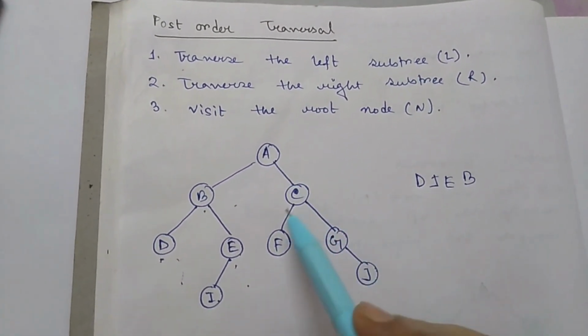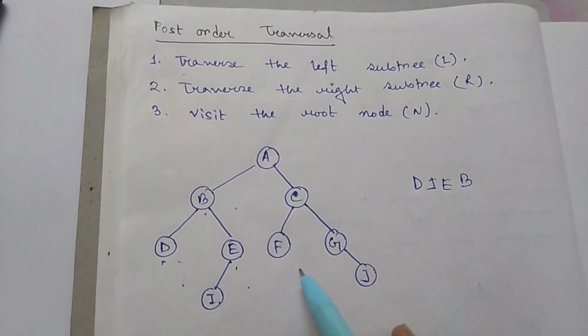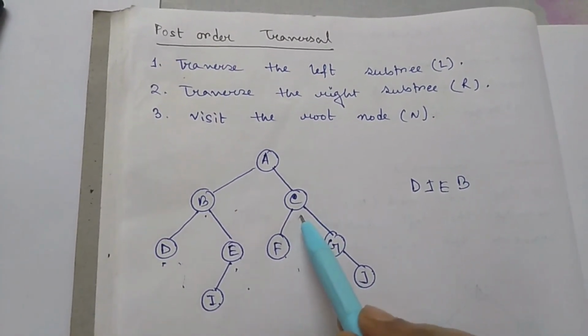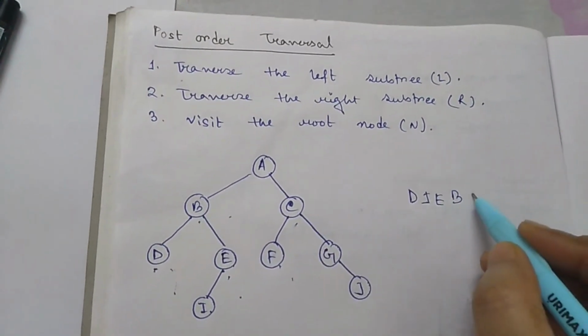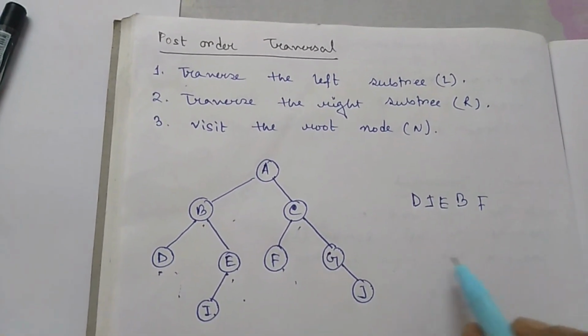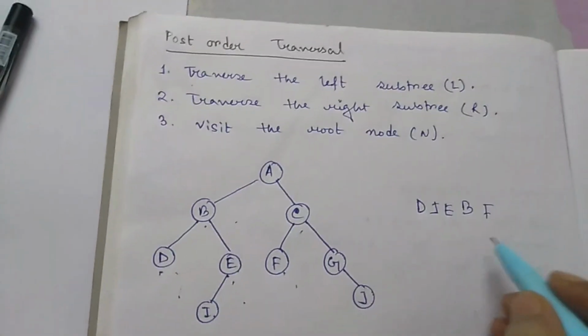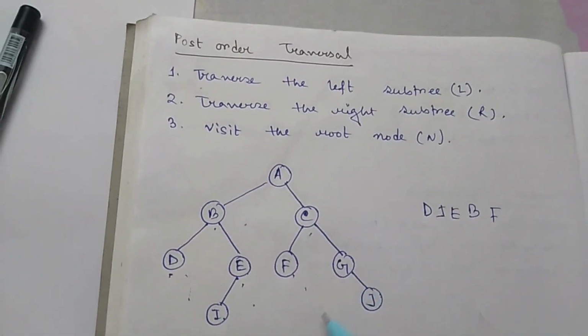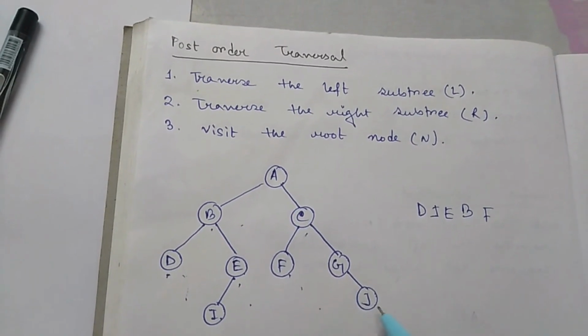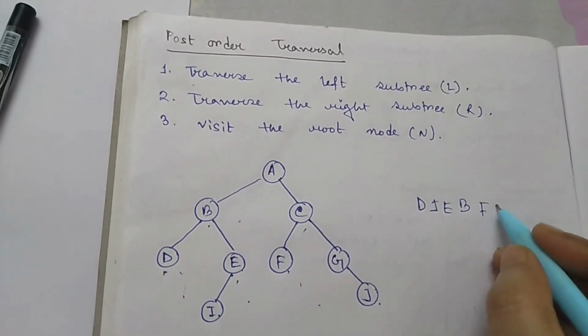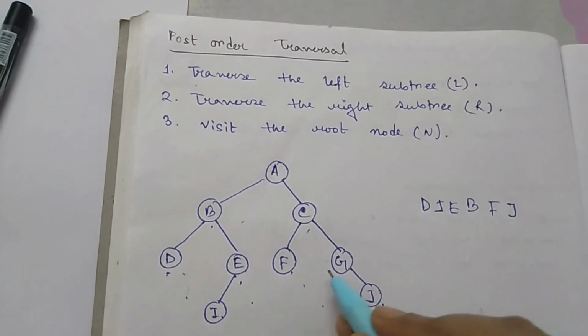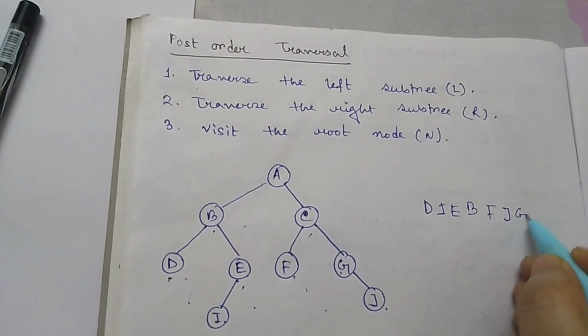Okay, so when we consider the right subtree, what is the left subtree value of that right subtree? That is f. Then what is the value of the right subtree? The value is j, because there is no left subtree, that's why we have to move to j, the right position of that tree. Then the root value g.